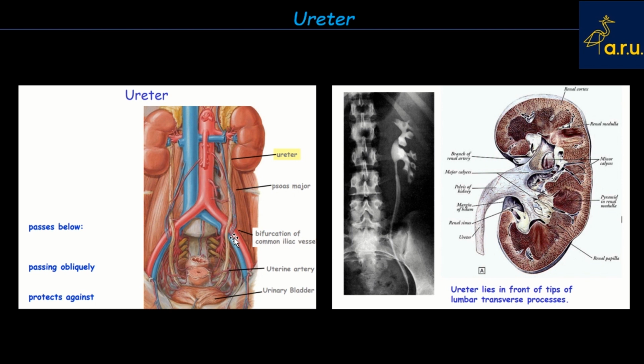And this knowledge of the referred pain and the spinal cord segment innervation of the ureter helps us to identify the site of the pathology potentially inside the ureter based on the neurological examination of the dermatomes.